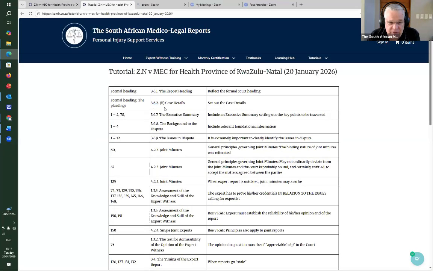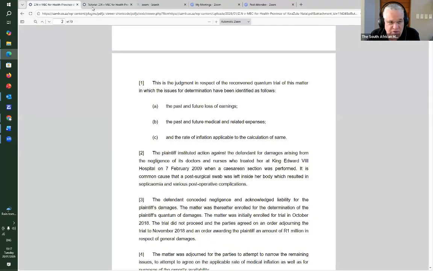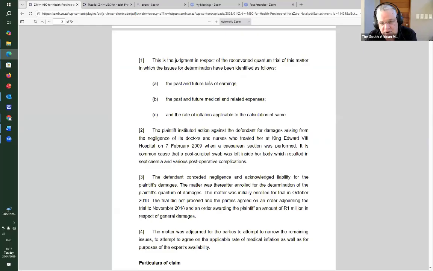Then the second point is this, and you will see from paragraphs 1 to 4, and then again in paragraph 78. I'm not going to go to 78, but I'll just take you through paragraphs 1 to 4, and let's pause and reflect on where we are in our understanding of this case.